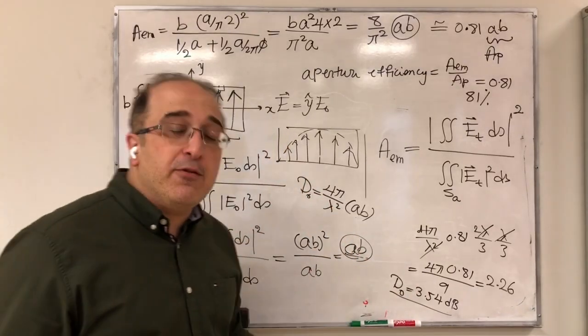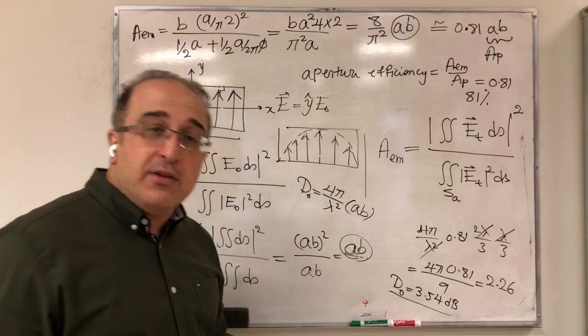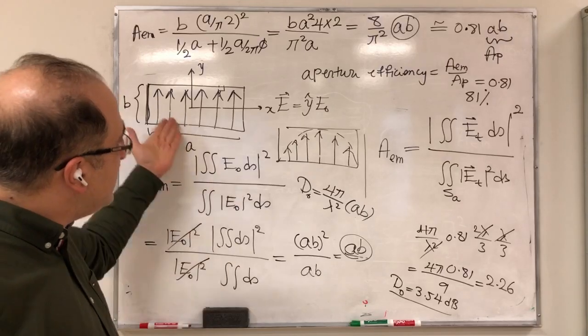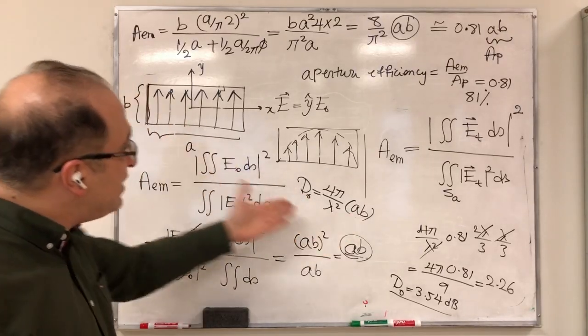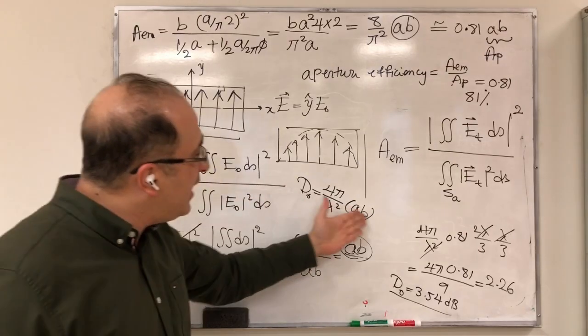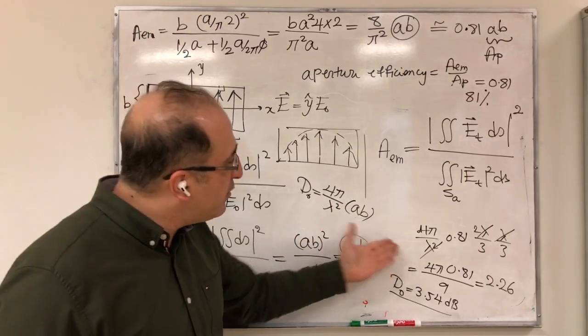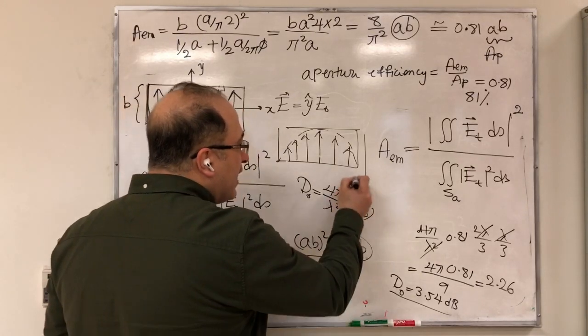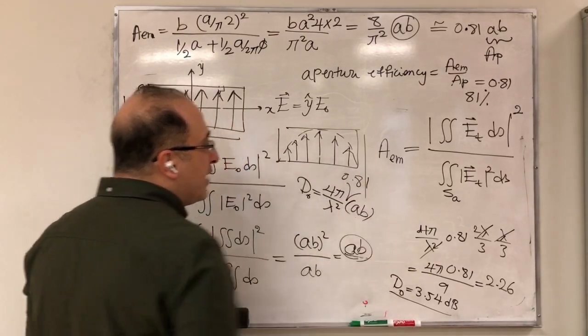Now, what if I want to have more directivity, let's say 15 dB, 20 dB, and so on? And as you see, in all of them, the physical aperture plays a big role. For example, in this case it is A times B. In the case of open-ended waveguide, it was the same thing, but then you had 81% of AB.